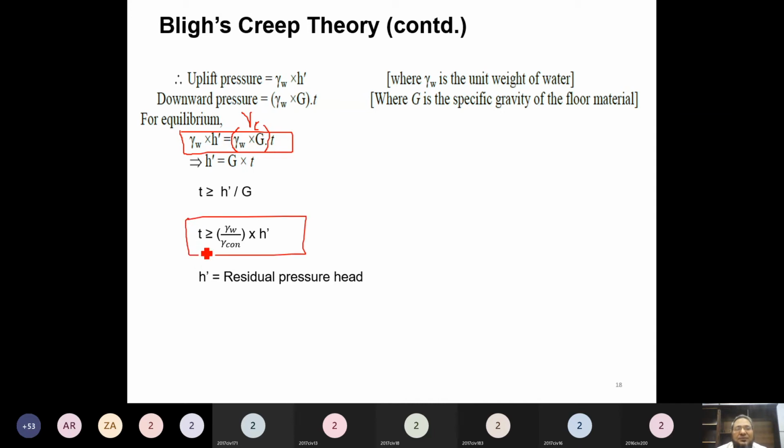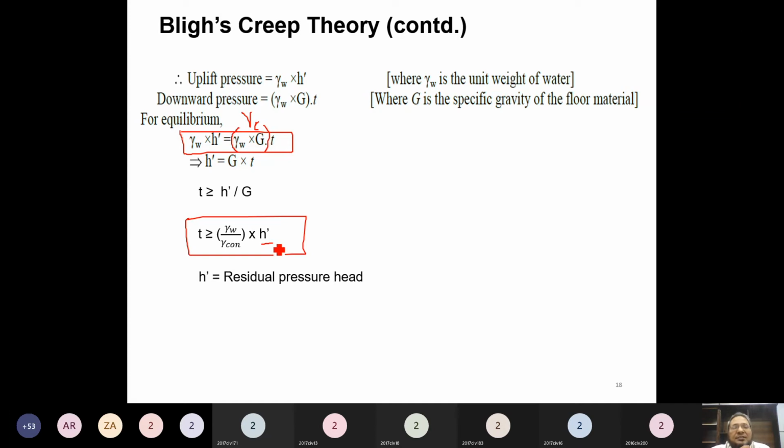So how much should be the thickness of the concrete? The thickness of the concrete should be more than or equal to gamma of water over gamma of concrete into the residual pressure head, या simply uplift pressure head. Okay. So this is the very simple equation to cater for uplift pressures.